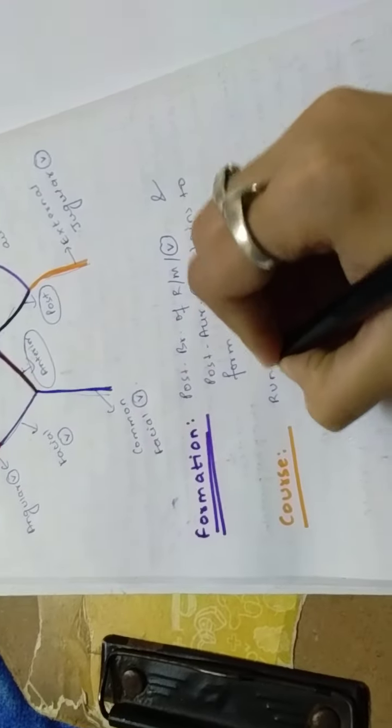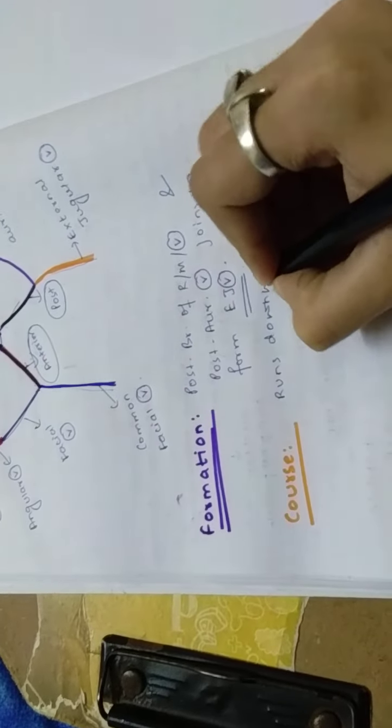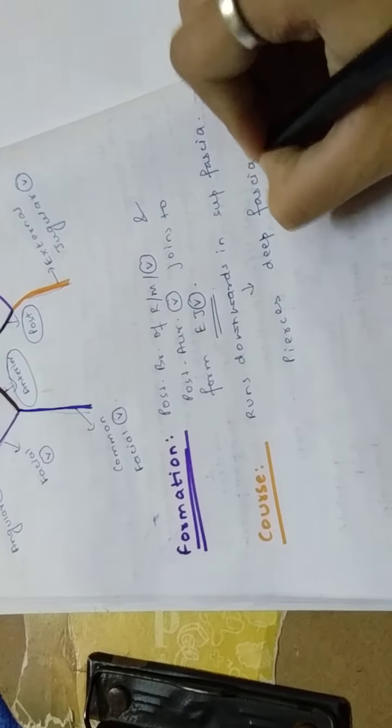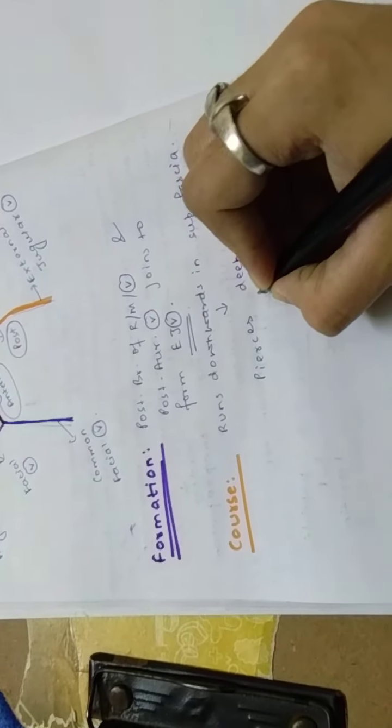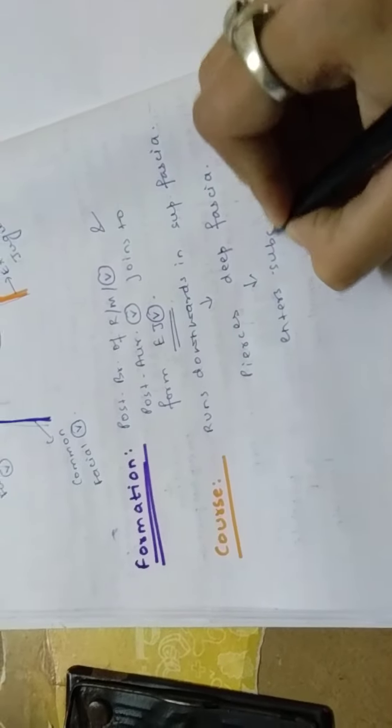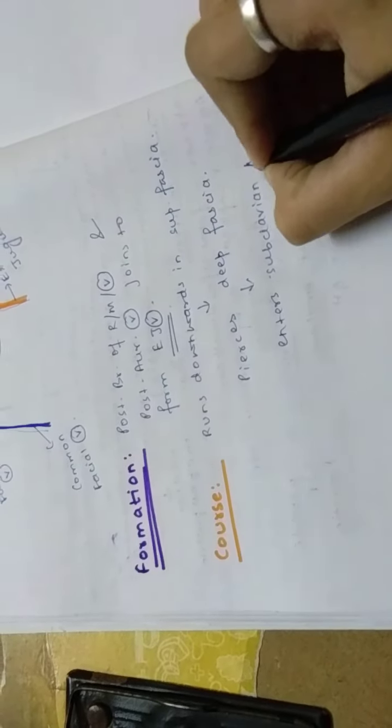Now course, how it drains. The external jugular vein runs downwards in superficial fascia, pierces deep fascia, and enters subclavian triangle.